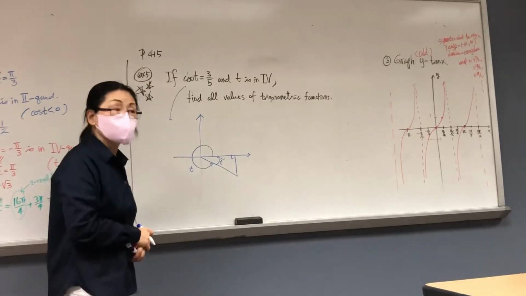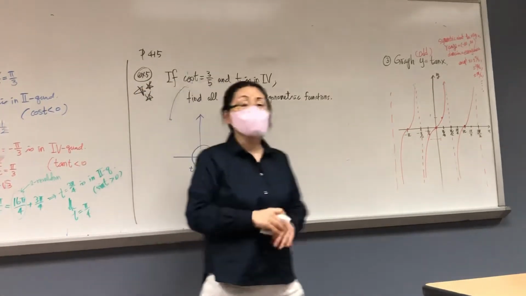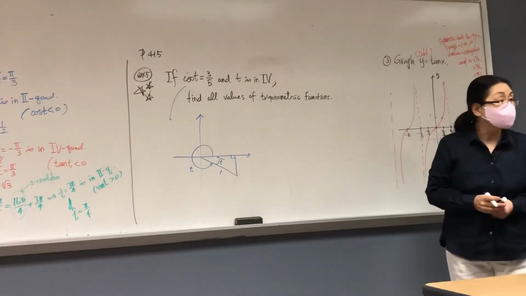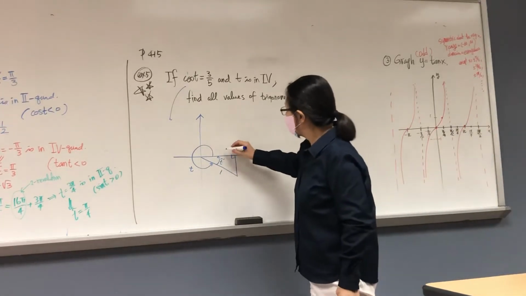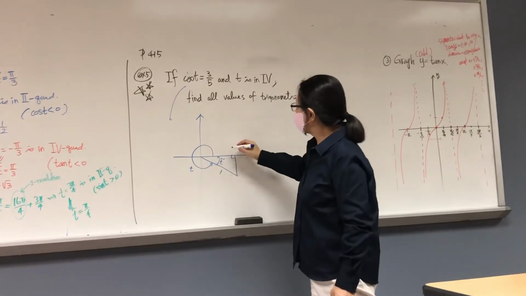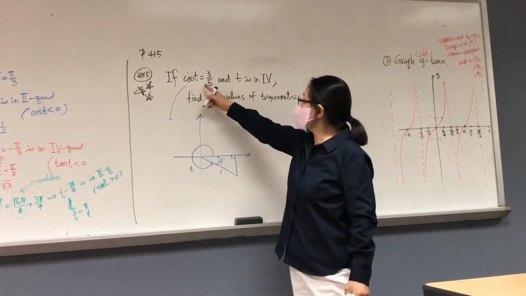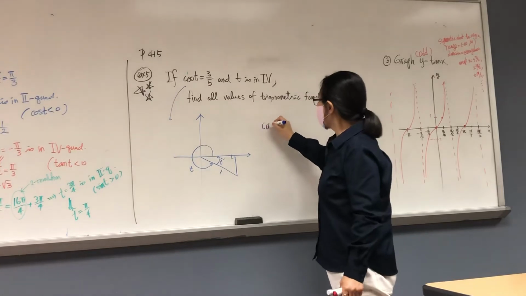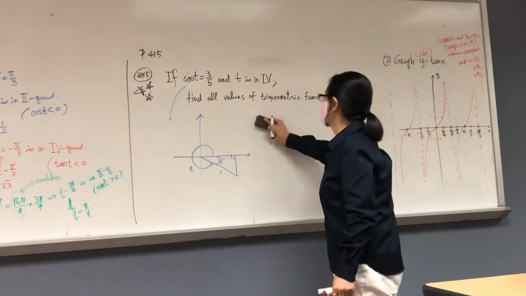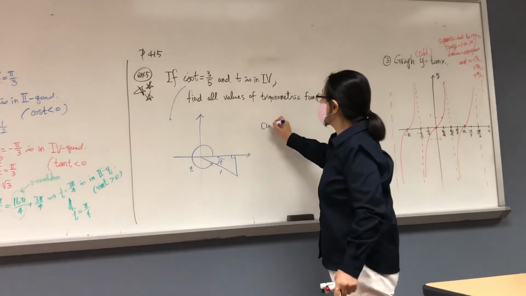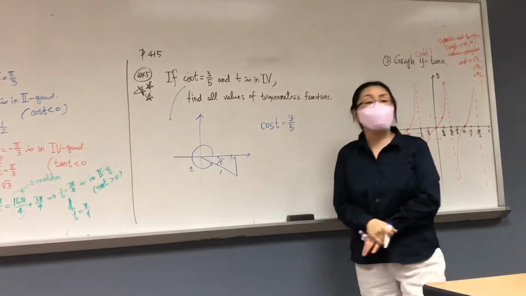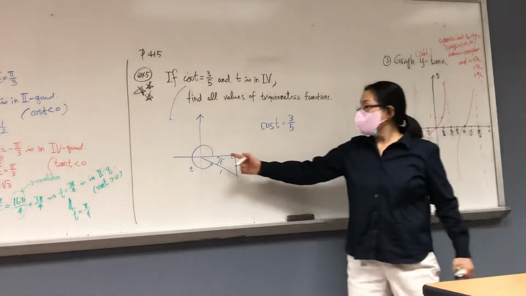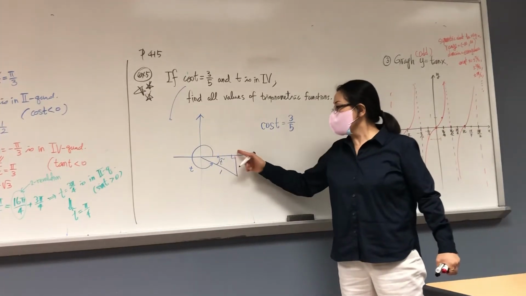And this is always 1 because it is on the unit circle. We have cosine t equal to 3 over 5. See, this is 1, this is unknown.